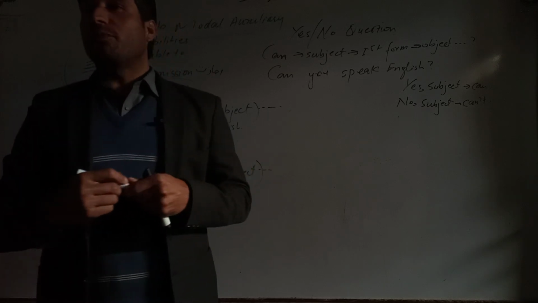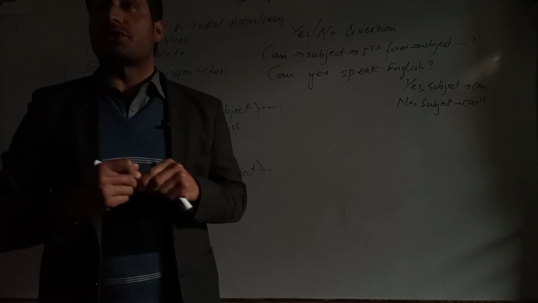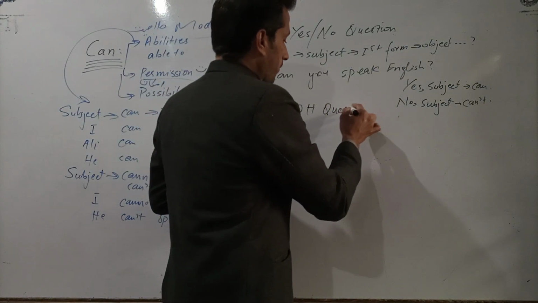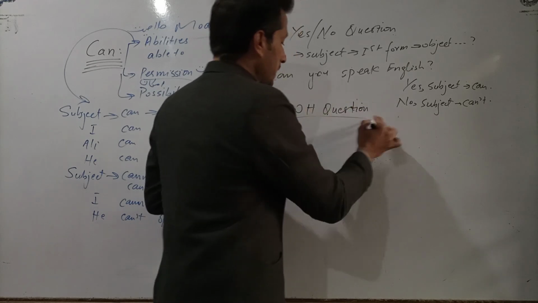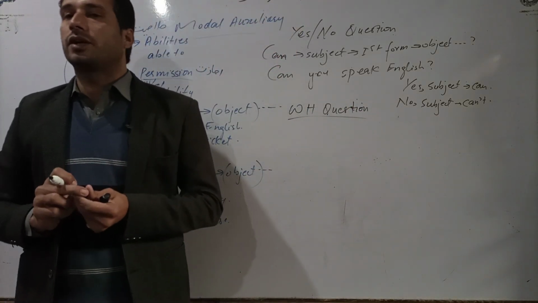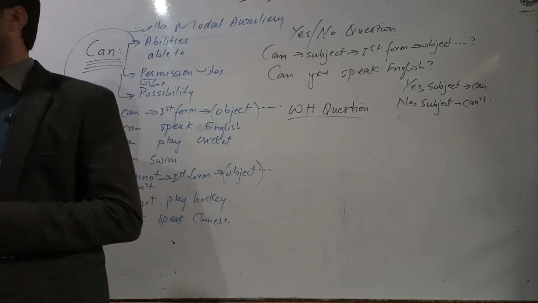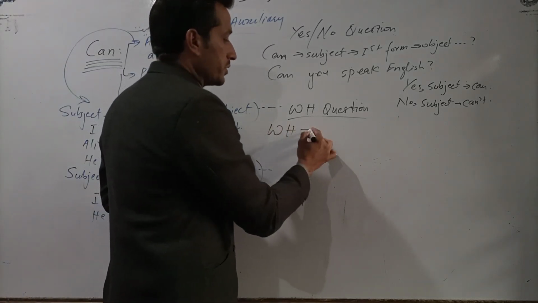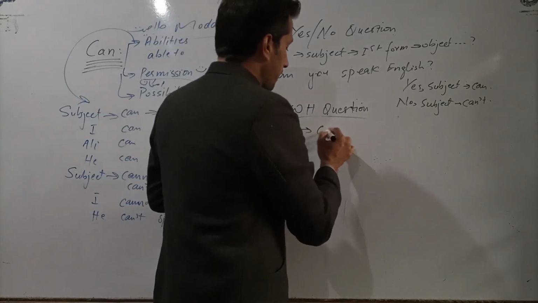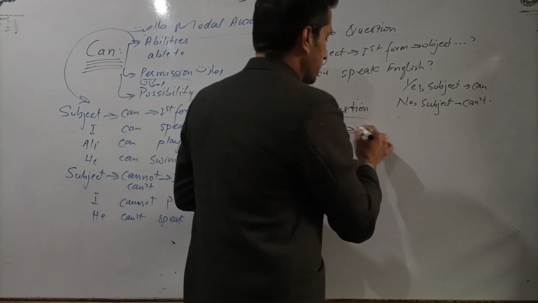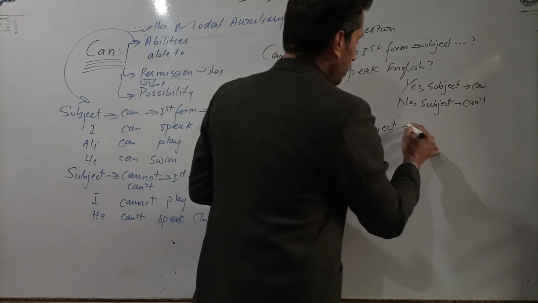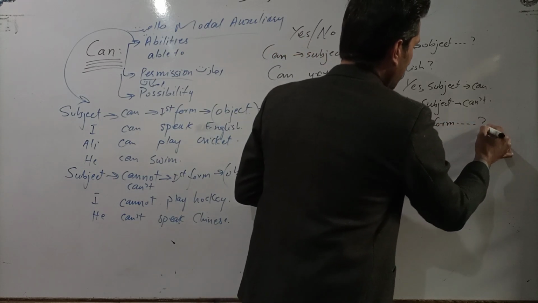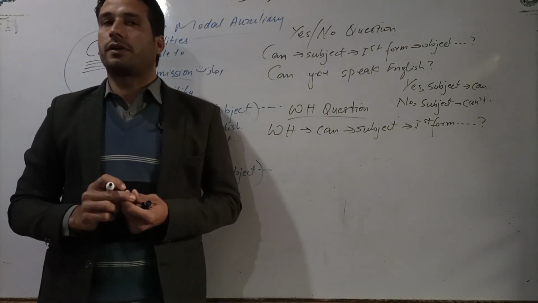And now how to make WH questions. For WH questions, you remember that we have WH words: what, where, when, how, and so on. First we put the WH word, followed by can, and then subject, followed by first form, and rest of the sentence, with a question mark at the end.